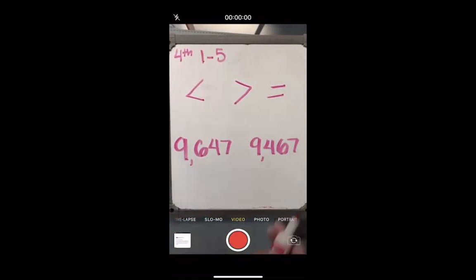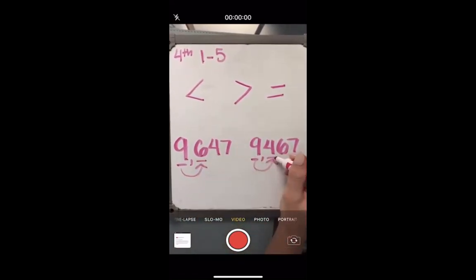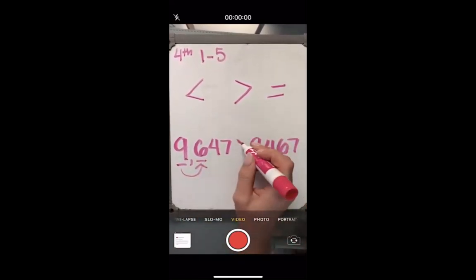All right. So in this case, same thing, go to your thousands. My 9's the same. So then I need to go over to my hundreds. 600 is greater than 400. So I know that 9,647 is greater than 9,467.